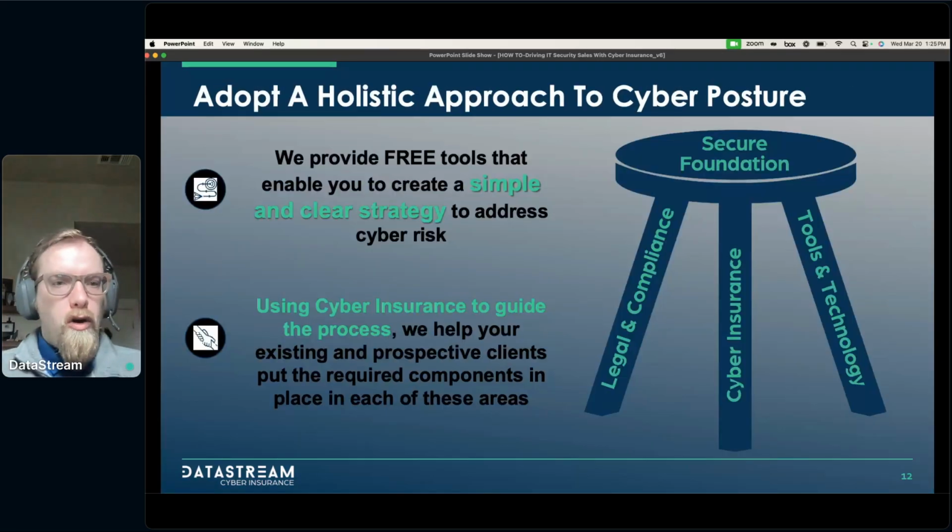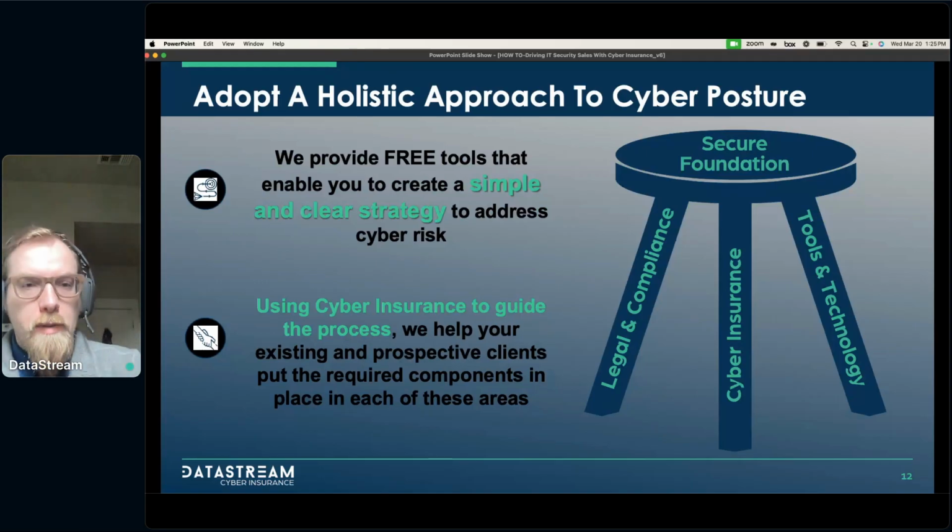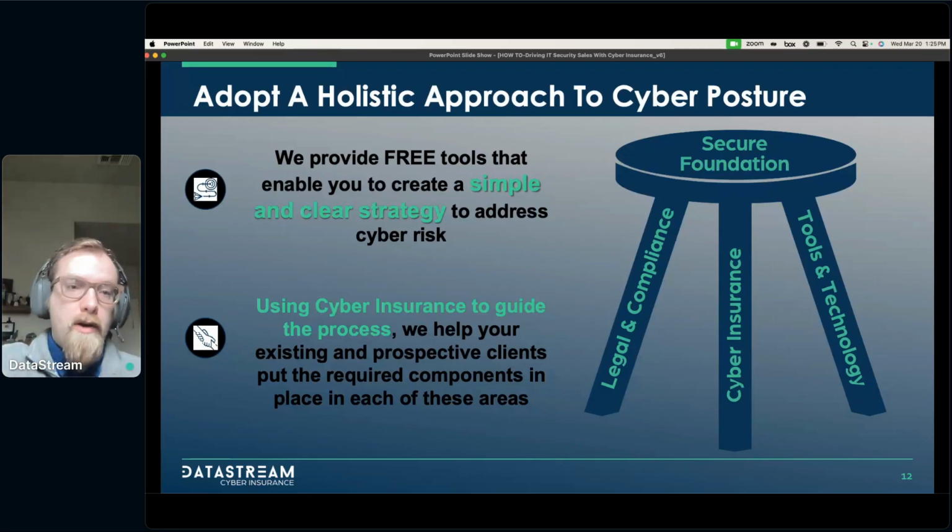It's really all about educating them on the holistic approach, right? Showing them that, hey, it's not just about the tools and technologies. In fact, for us, we believe a good way to think about it is the three-legged stool, right? A secure posture is the three-legged stool, and is a combination of the tools and technologies, the compliancy and legal side of things, and the insurance leg.